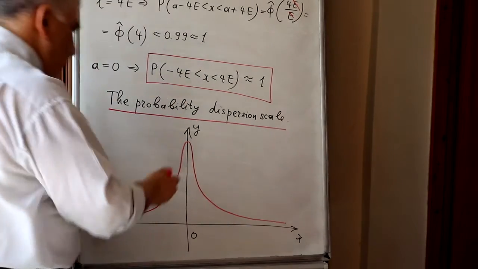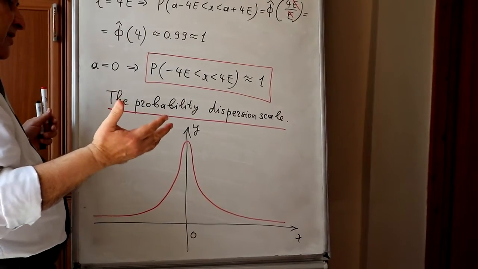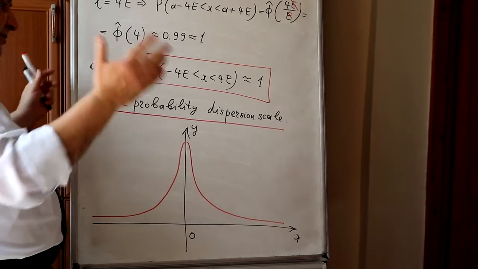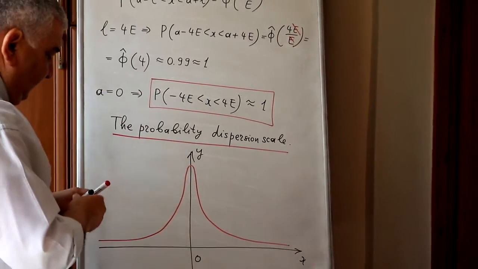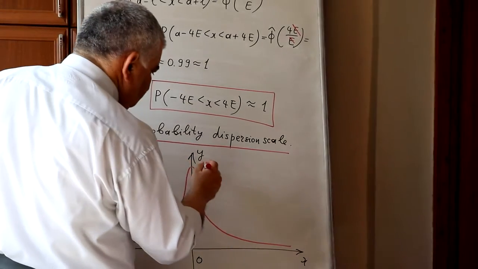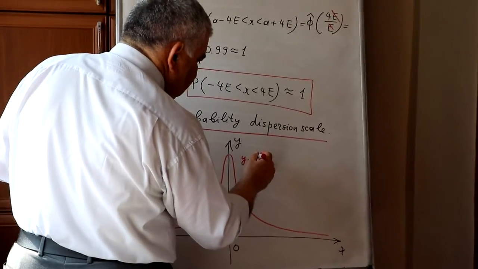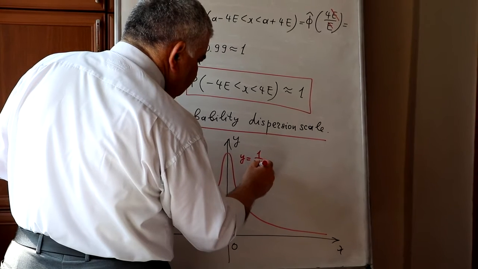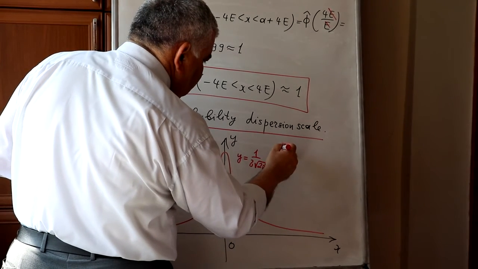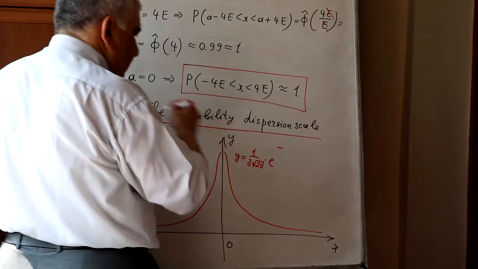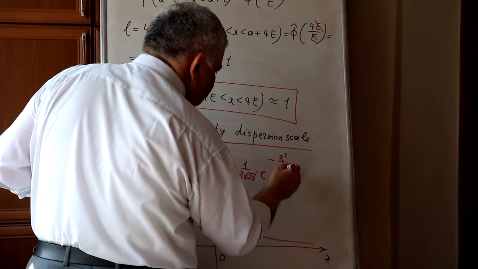You know that the graph of this normal distributive density is symmetric with respect to the y-axis, the ordinate axis. Y is equal to 1 over sigma square root of 2 pi multiplied by e to the minus, here a is 0, minus x squared over 2 sigma squared.